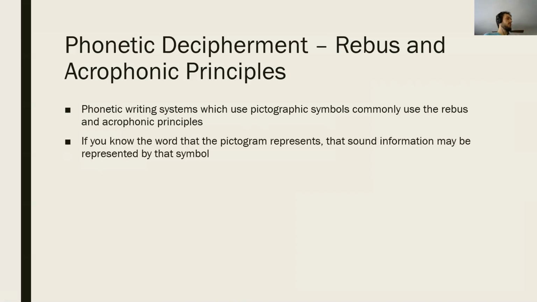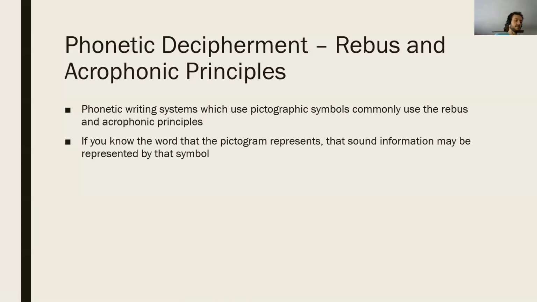So if you have a good assumption as to what the underlying language is, and you know what the pictograph represents, then you can use that to figure out what that symbol might represent sound-wise. So if we assume that the acrophonic principle is being used, then we can say, well, the first sound of that word in our assumed language, that might be what the symbol represents.